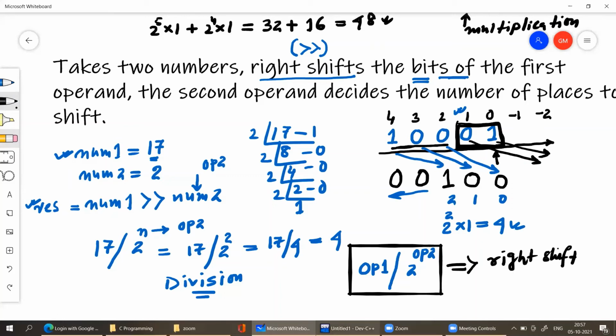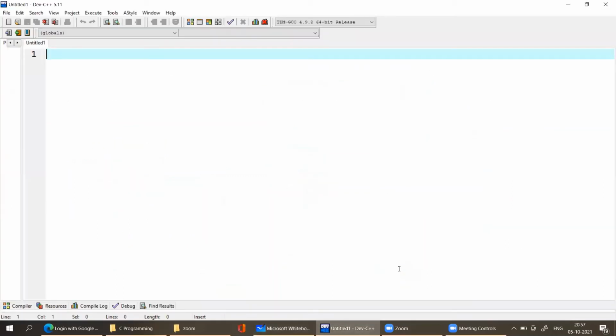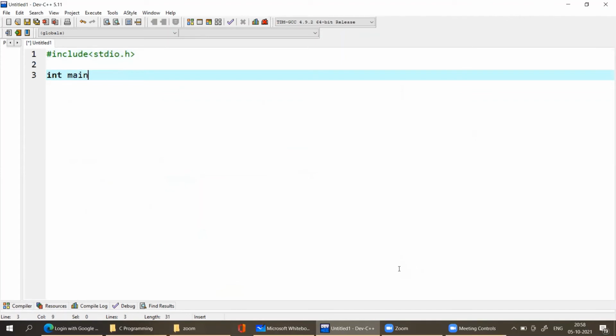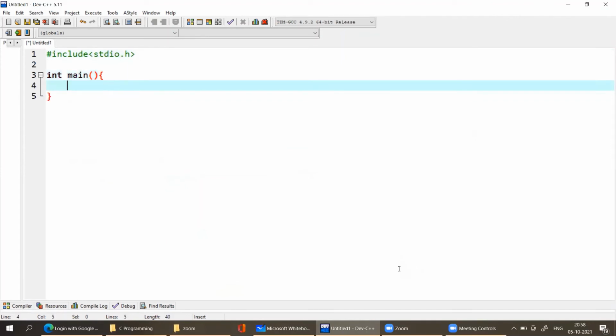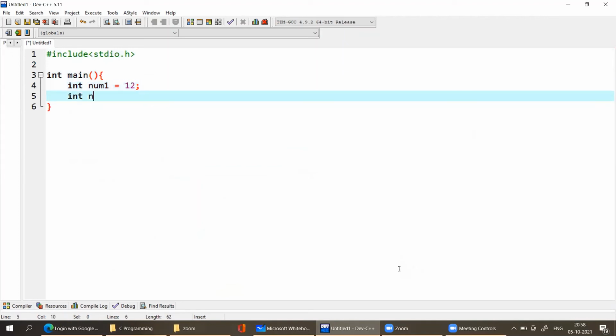So let's see it in the compiler. Here we have num1 as 12, and num2 as 2.